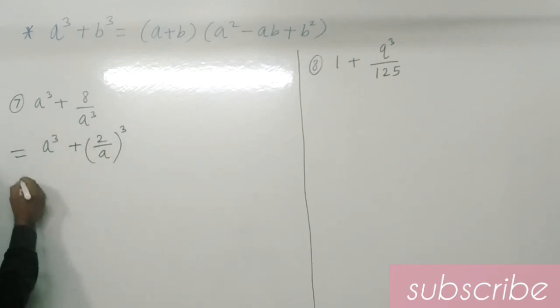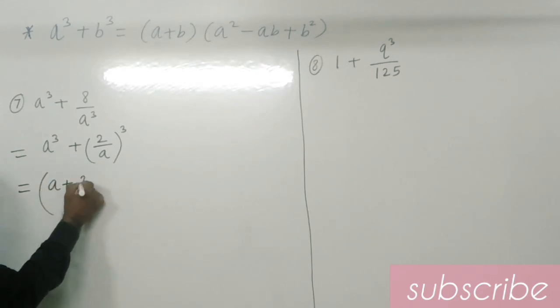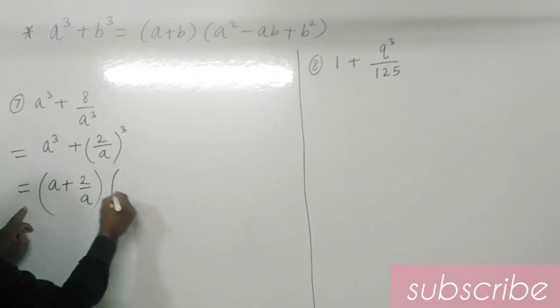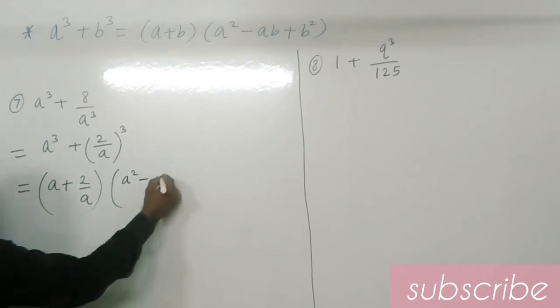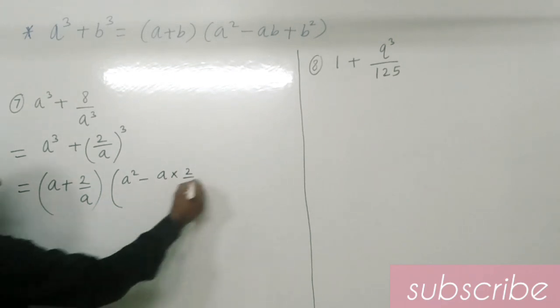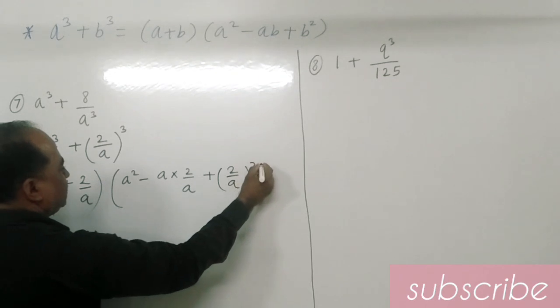So we'll apply the identity a cube plus b cube. First bracket a plus b, that is a plus 2 upon a. Now second bracket from this bracket, that is a square minus a into 2 upon a plus 2 upon a bracket square.